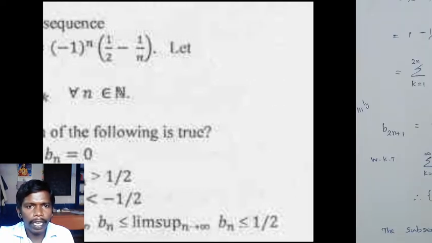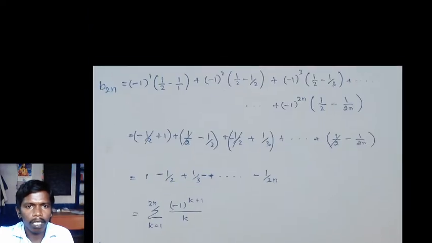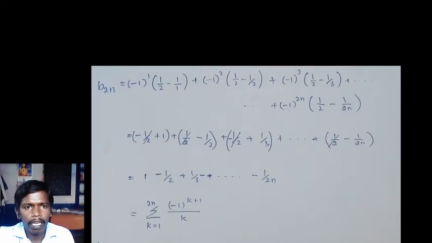Now, if you take the sequence b_n, definitely for even numbers, that means b_2, b_4, b_6, in a similar way for b_2n we have (-1)(1/2 - 1/1) + (-1)^2(1/2 - 1/2) + (-1)^3(1/2 - 1/3) + and so on, up to (-1)^(2n)(1/2 - 1/(2n)).